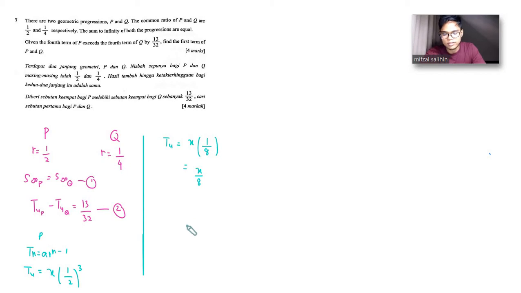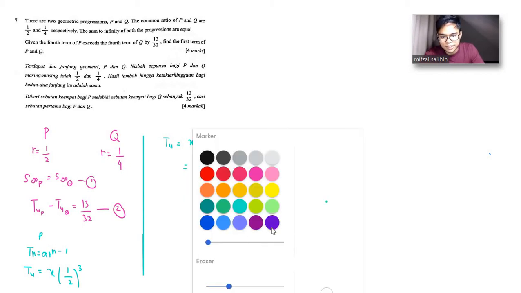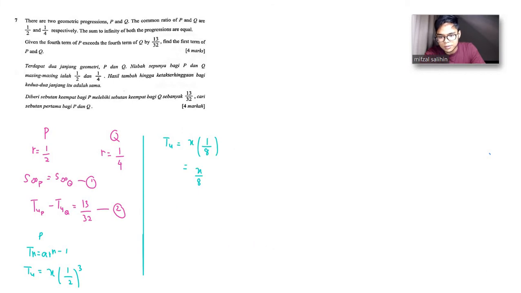Now we are going to find the fourth term of Q. We'll use a different color. So for Q, Tn is equivalent to ar^(n-1). The same thing that we are going to do. T4 is equivalent to, now we are using y to differentiate the variables, y times 1/4 to the power of 4 minus 1.